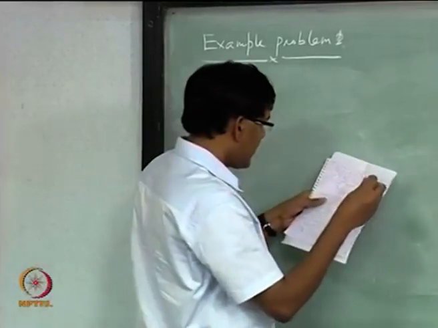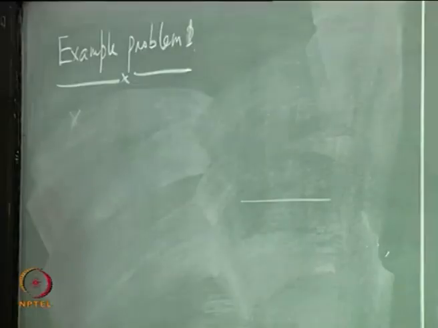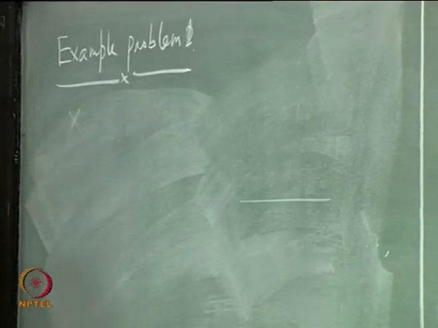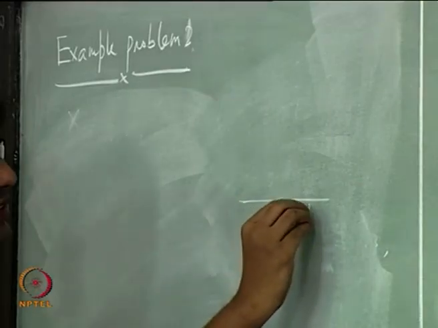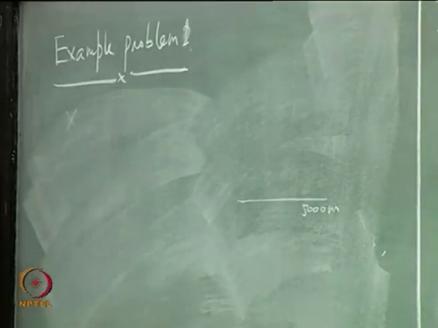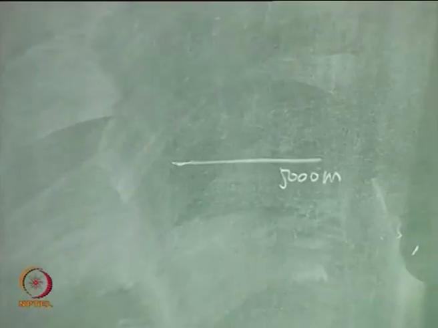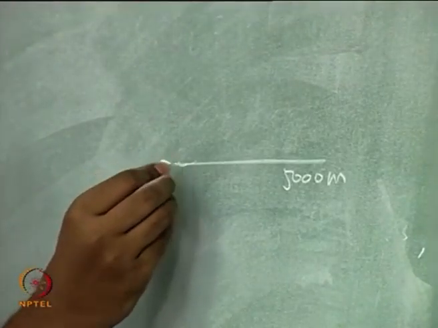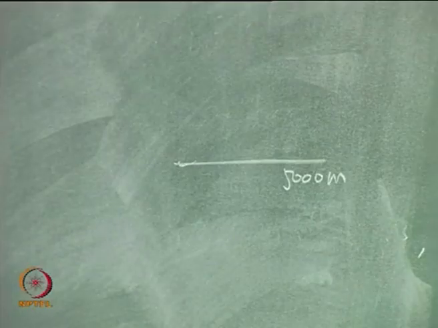So, here is this problem. One trainer aircraft is flying level, okay, at 5 kilometer above sea level, then starts climbing.